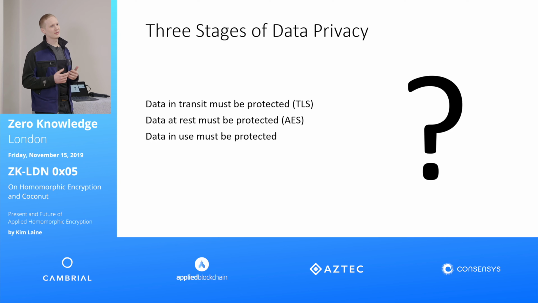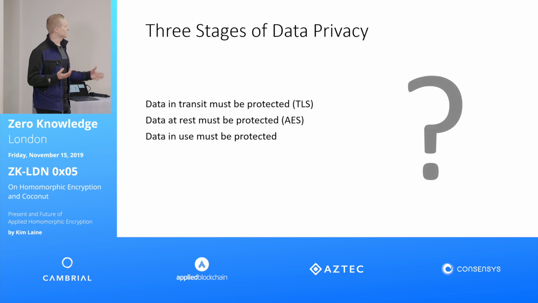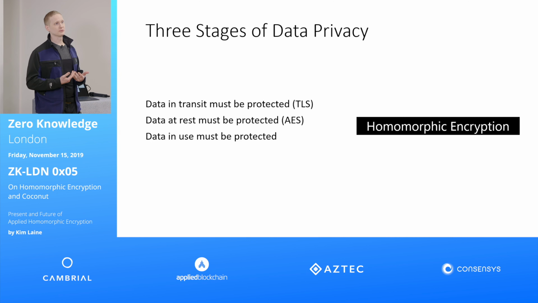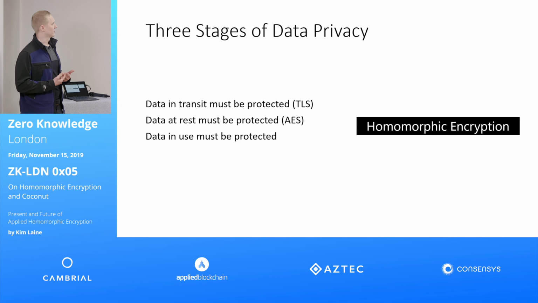So a couple of companies sent them feedback that they should add that data in use must be protected. Well, surprise, surprise, one technique for protecting data in use is homomorphic encryption. But there's also a couple other techniques, such as secure multi-party computation or maybe some secure hardware. There's all kinds of variants of that.